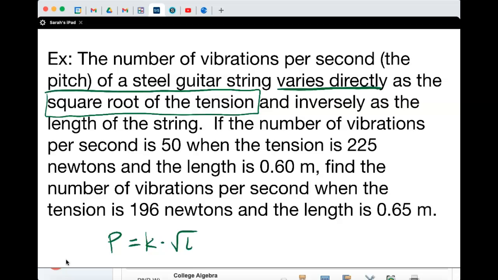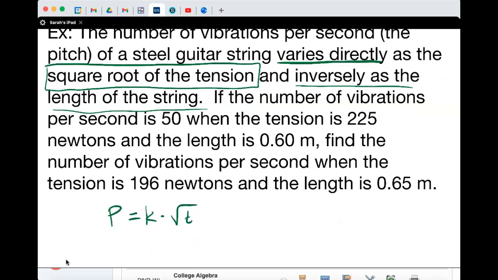Square root of T. And then I have this inversely as the length of the string. So inversely would mean dividing. And then use L for length.